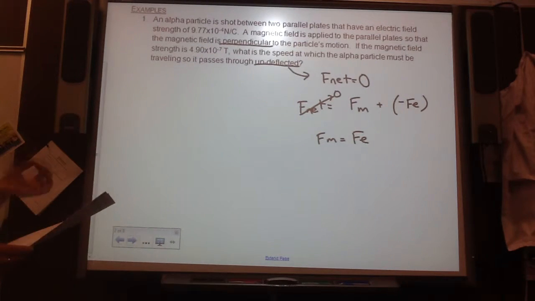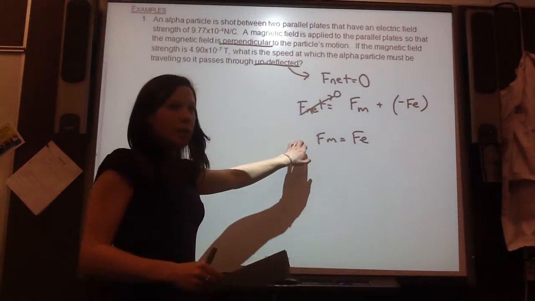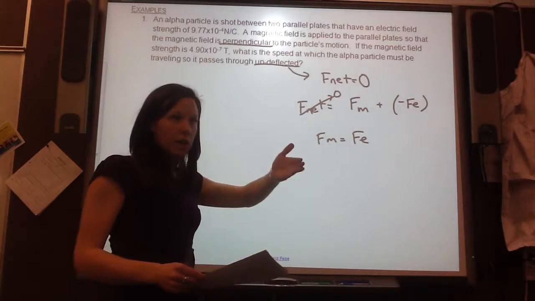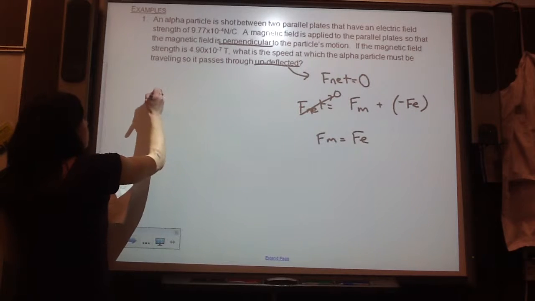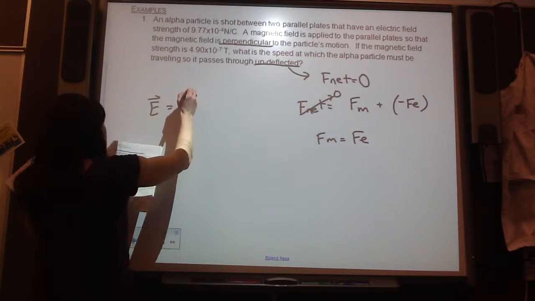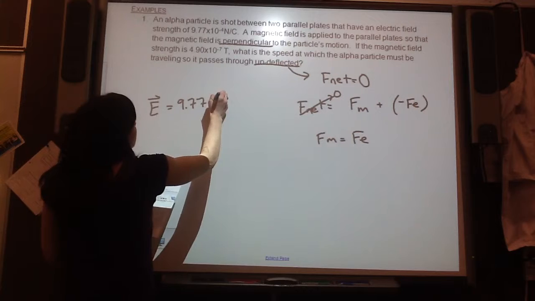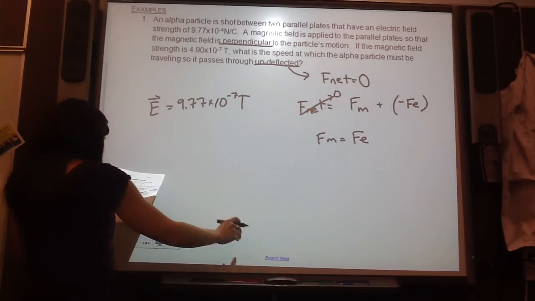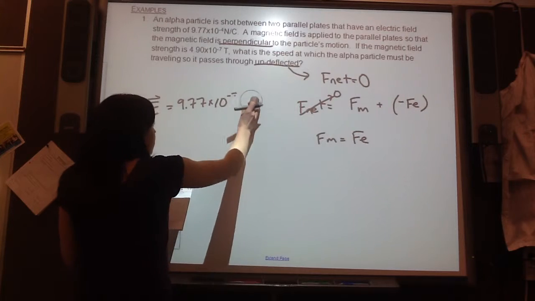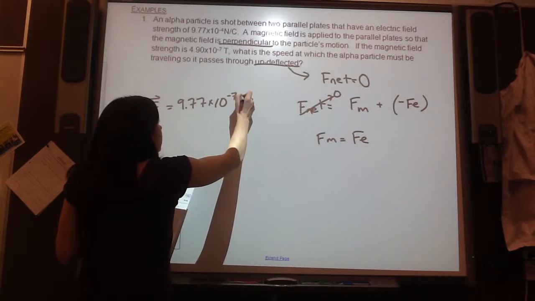So now what we can do is let's just gather up all of the information we know and what we're trying to find out, and then we'll go from here. We'll use this and we'll expand it into formulas. So we know our electric field strength is 9.77 times 10 to the negative 4 Newton coulombs, sorry, got ahead of myself there.